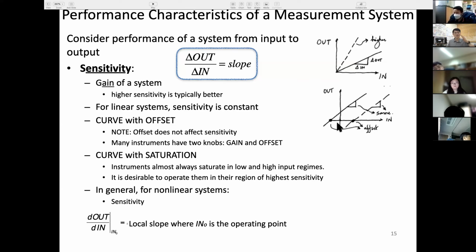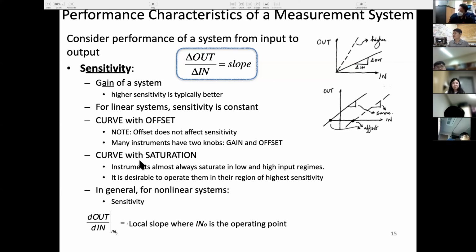And the important thing is this offset is just a simple translation, so it would not affect the slope or sensitivity. So that's why in the majority of instruments, you will find there's a gain knob and an offset knob. So you want to adjust the offset when the signal input is zero, so you make sure the output is zero. Okay, and then you also change the gain to have enough sensitivity. But sometimes you realize you don't always want the highest sensitivity because it also amplifies your noise as well.